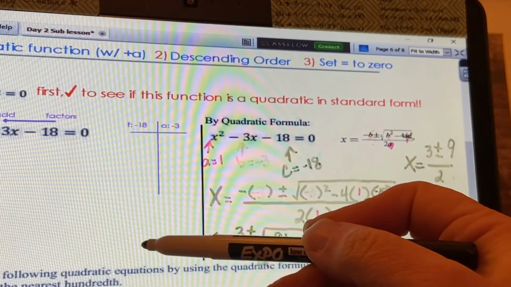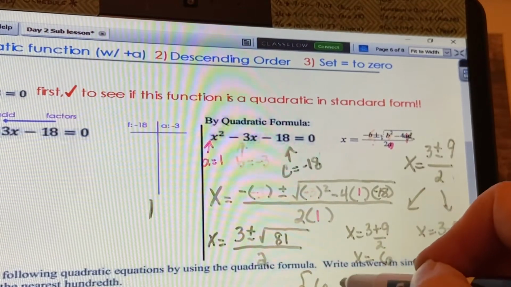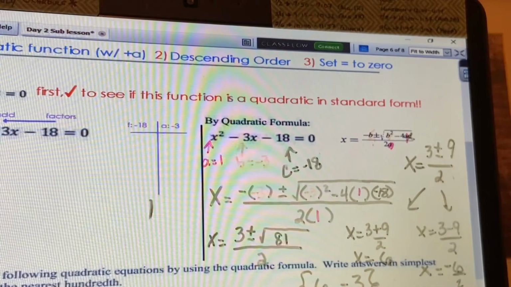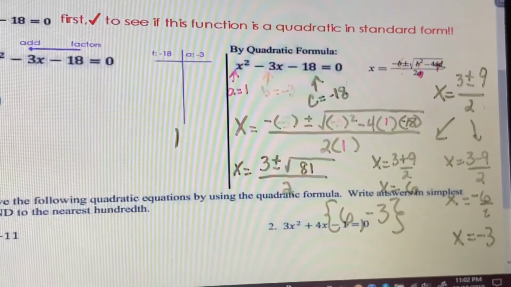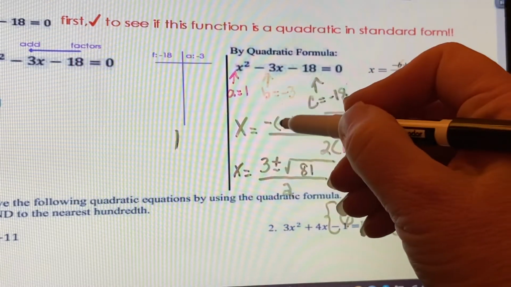Same answers as we got over here earlier, isn't it? So we could put those in solution sets now. 6, -3. Remember, the order of those does not matter. And there's your solution. Sorry, I couldn't see all that. There's a -3 there. It's hard to see.